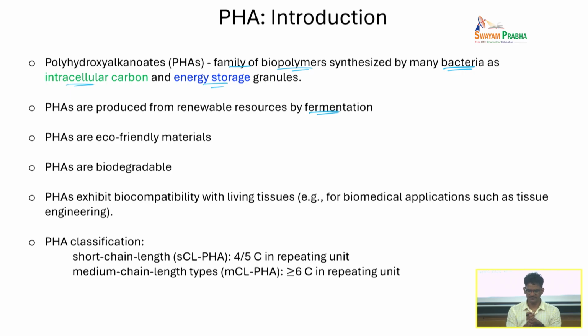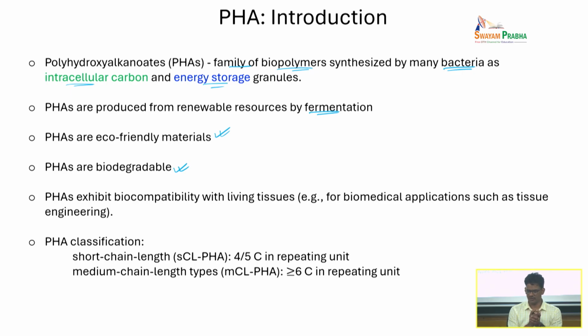polyhydroxyalkanoates. So PHAs are eco-friendly material because they are based on biorenewable materials, and they are also biodegradable both in soil and marine conditions. It has excellent biocompatibility. That means when this polymer is in contact with live tissues, the tissues do not feel any toxicity.